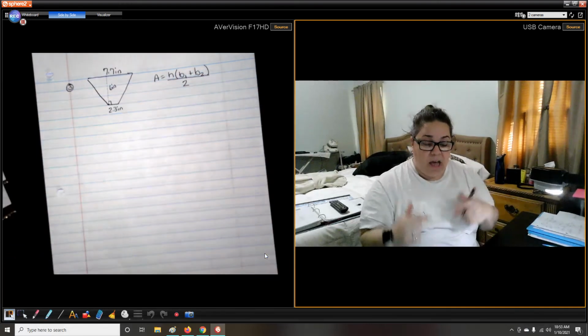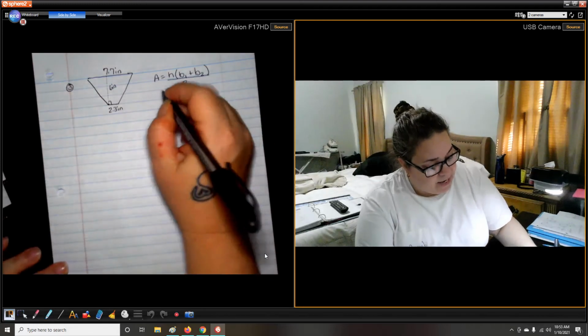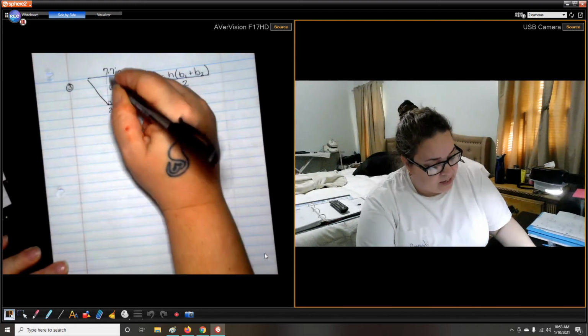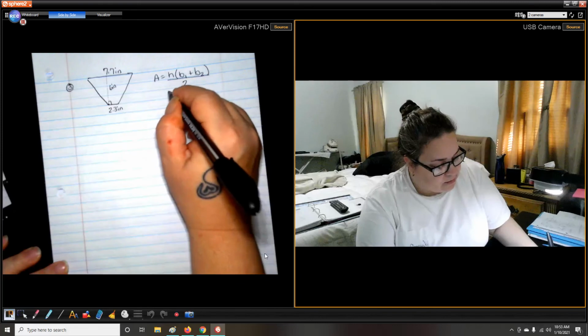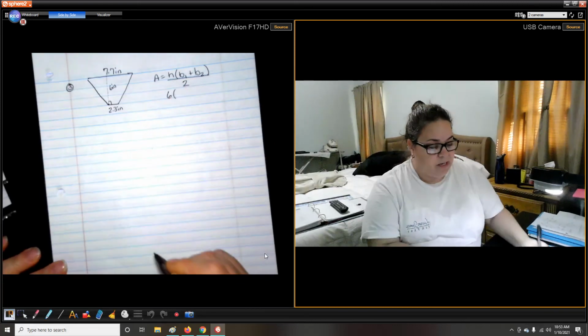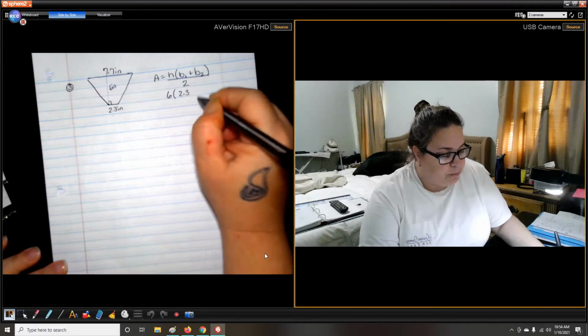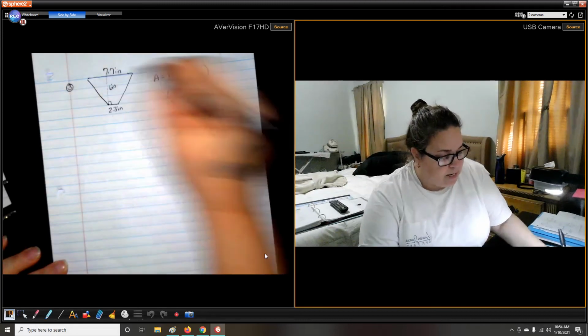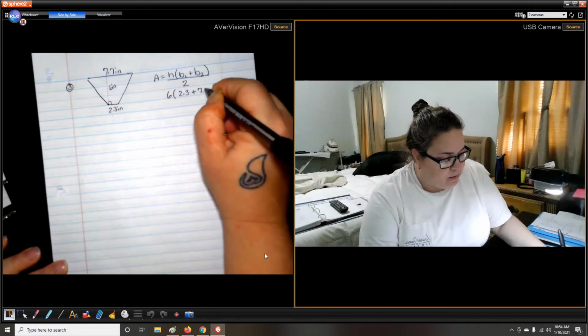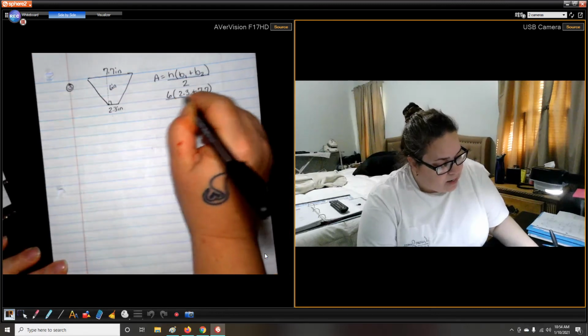Okay. My height, that height line right there, is 6 times base 1, 2.3 plus 7.7 divided by 2.